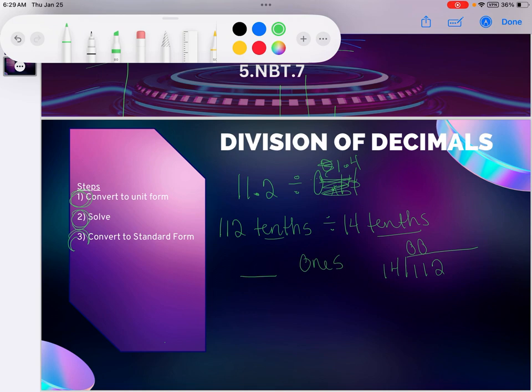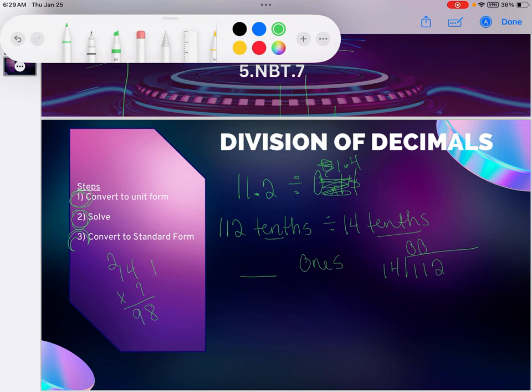And I know 112 is about 110. 14 is about 15. I'm going to try 7. So let's see, 14 times 7. 98.